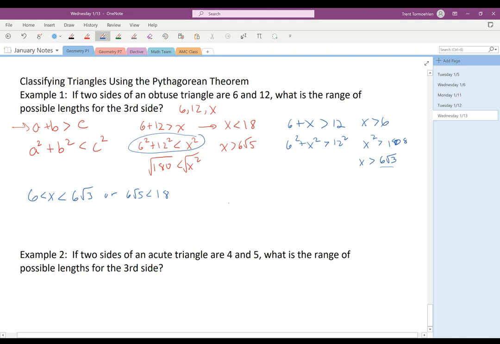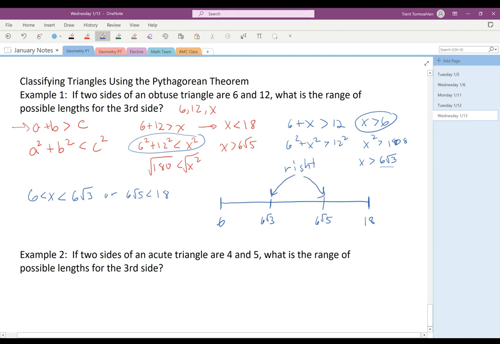And so we can actually create a continuum that says 6 is the lowest the third side can be, and 18 is the highest the third side can be. At 6 root 3, we have a right triangle, and at 6 root 5, we have a right triangle. And so we know that it is right at that point and that point.